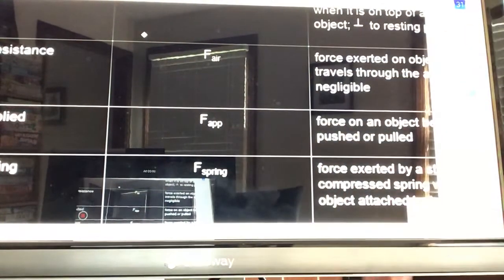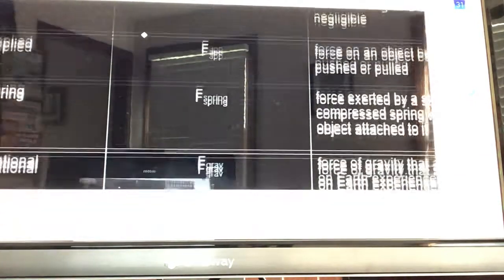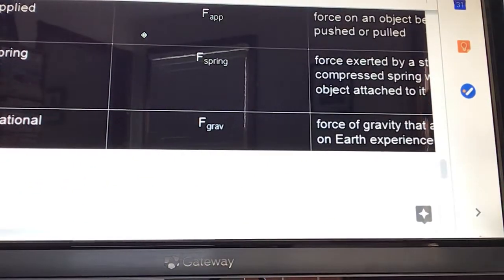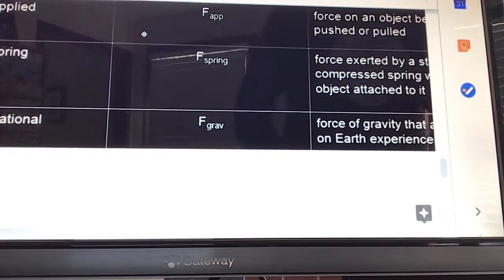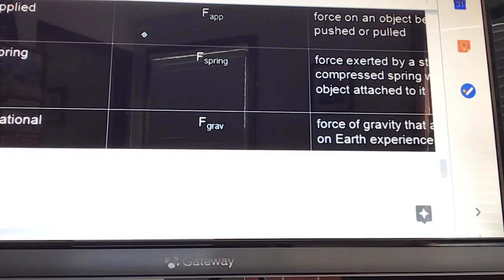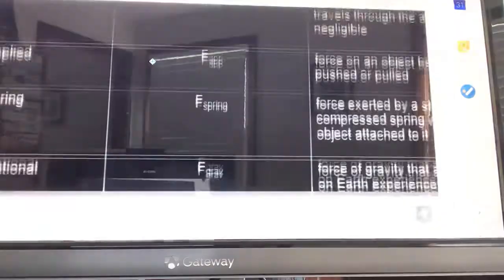And springs. There's no examples in the interactive, but could be springs. And then finally, gravitational force. You're always going to have gravitational force pulling down on the object, unless otherwise specified. So those are your main forces you're looking at. Gravitational force pulling down on an object.